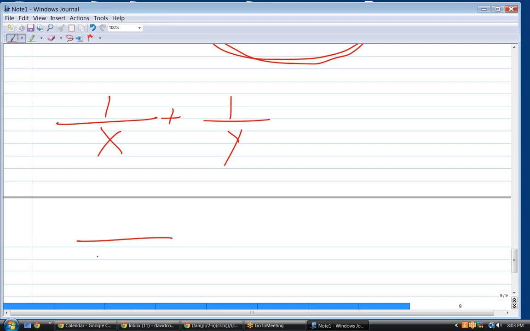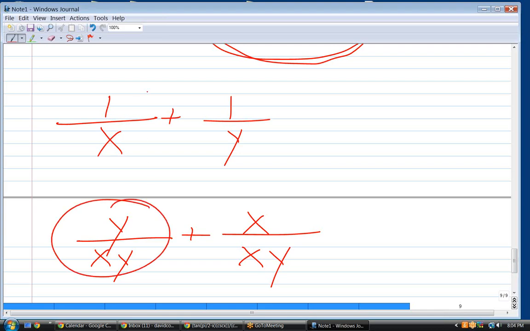Common denominator is xy. X goes into xy, y times 1. I got to put a y there. I got to put an x there. So adding trig functions is exactly the same as adding polynomials. You find a common denominator and make sure your fractions, in other words, make sure that's equal to that.